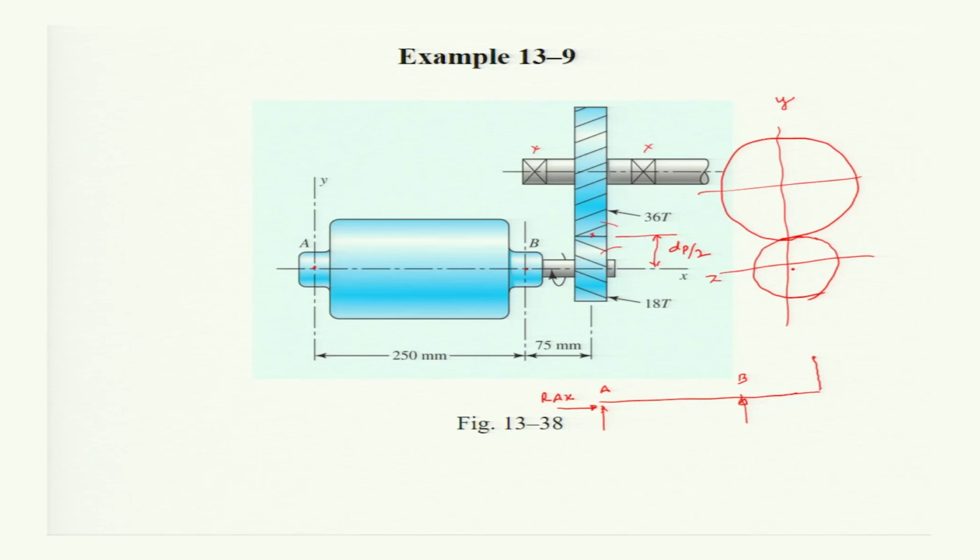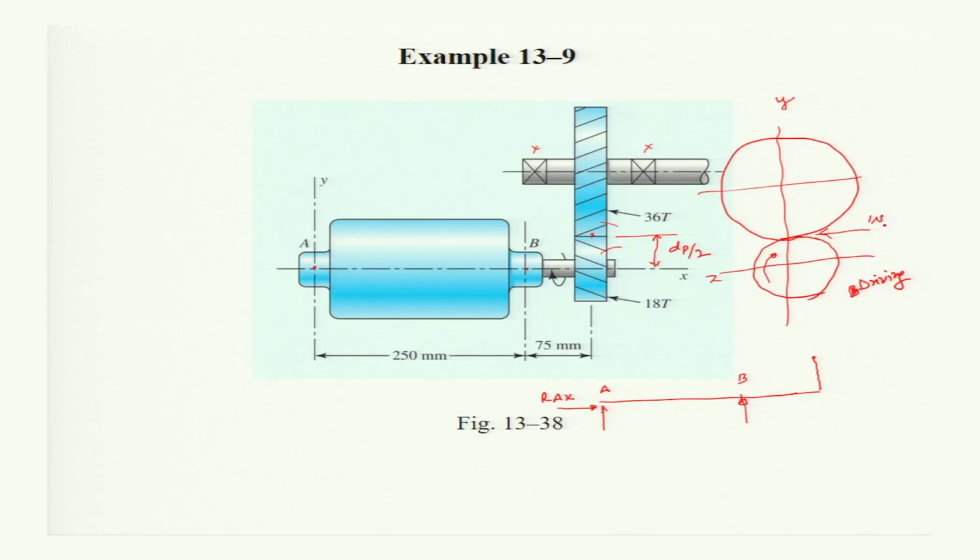This is rotating in a clockwise direction, and this is the driving gear. The transmitted load on the driving gear acts opposite to the direction of its rotation, so the transmitted load will act in this way.